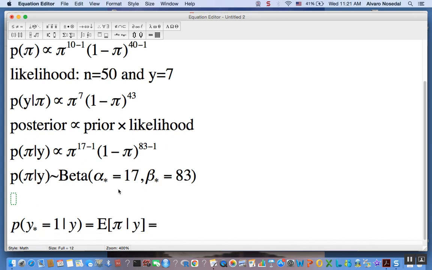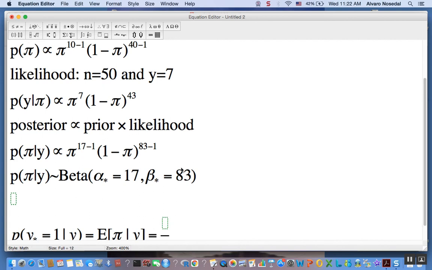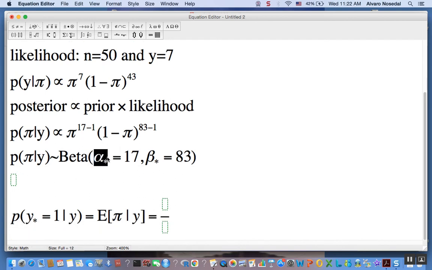And we know that for a beta distribution, the mean is given by the following formula. In this case, alpha star divided by alpha star plus beta star.